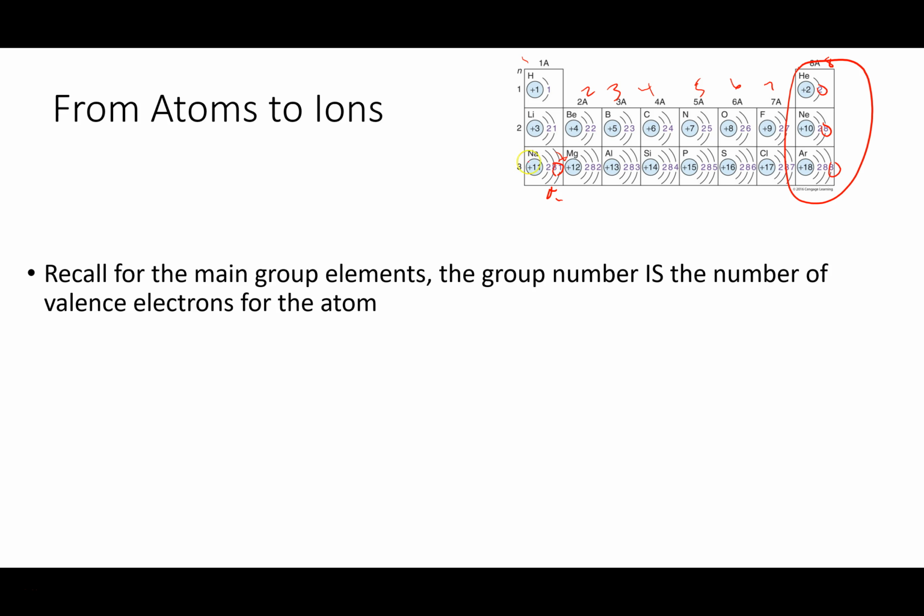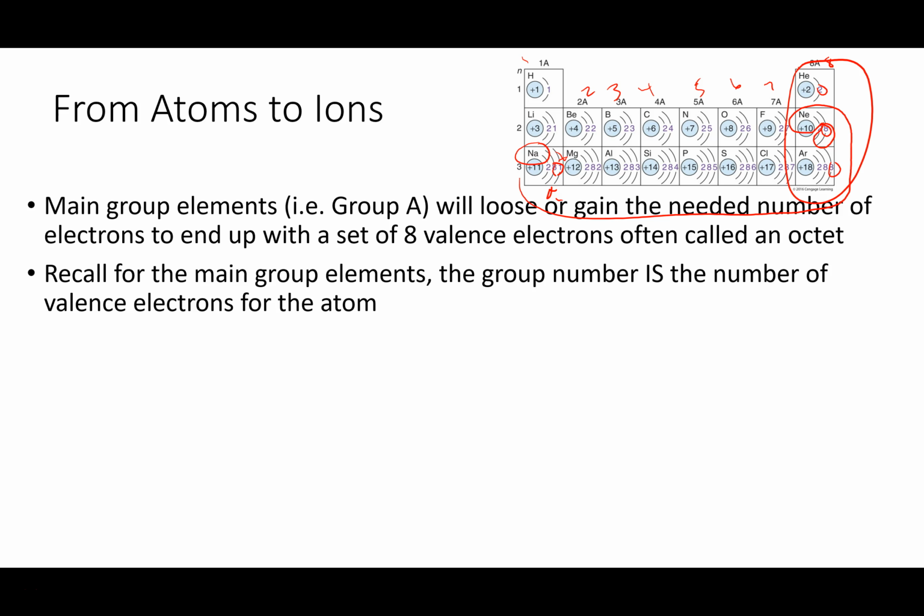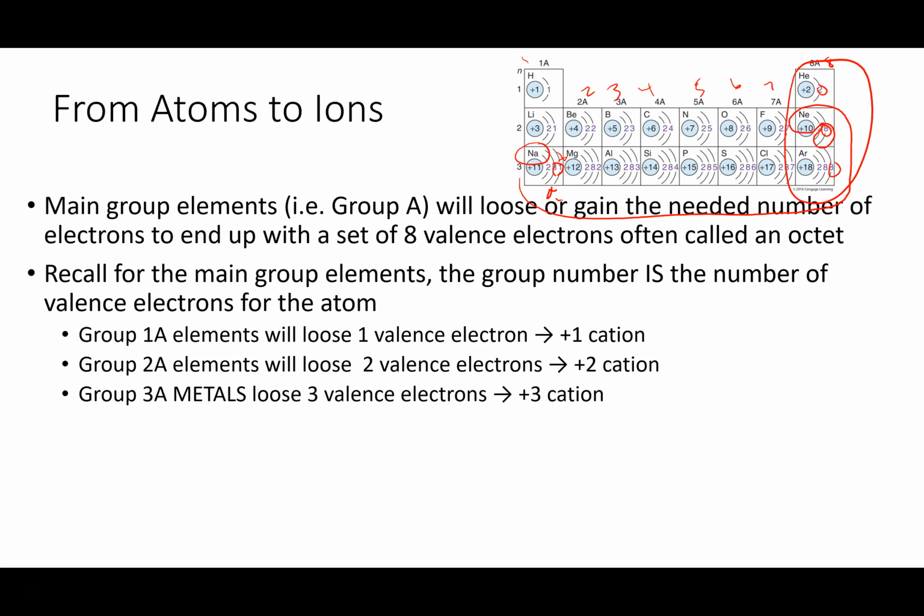I don't mean to make it too complicated, but when sodium does that, it has 11 protons, but now it has the same electrons in the same order as neon, which is in the period before it. So main group elements will lose or gain the number of electrons they need to get 8.